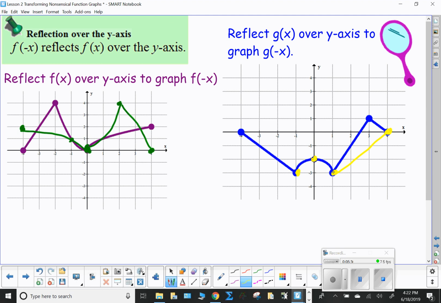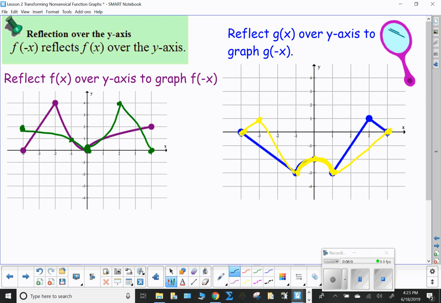Notice that if it's symmetrical, you can't tell that particular part's been reflected. I can tell this part. Now this one is 3 to the right, so I'm going to go 3 to the left, 4 to the right, 4 to the left, and here is this graph. So you can tell that this has been reflected, but not because of this middle piece. It's because of the outside pieces.